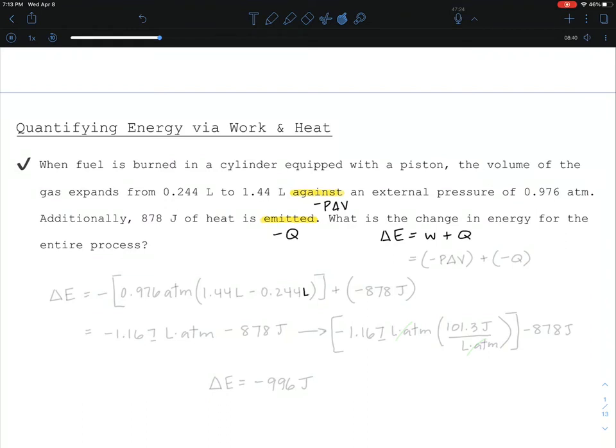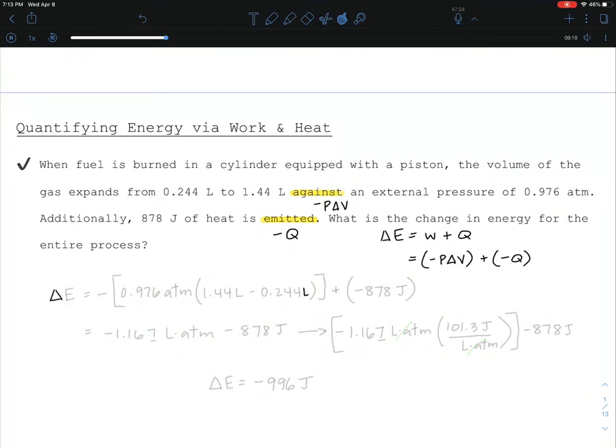We also know that our work is going to be negative P delta V, because we just read that work was being done against the surroundings, plus heat is being emitted, so negative Q. Meaning we're going to use the values that they give us, and we're going to put those signs in ourselves. So the change in energy for the whole process is going to be equal to negative P delta V plus negative Q, because this is an exothermic process. So let's fill these data in.